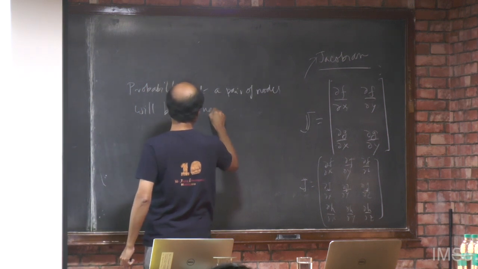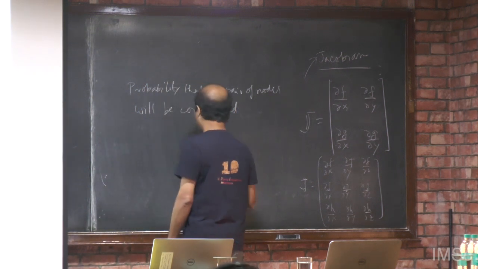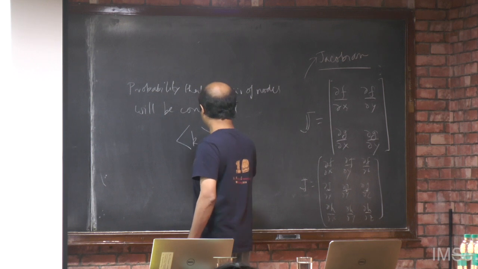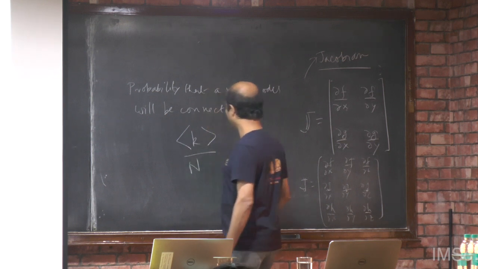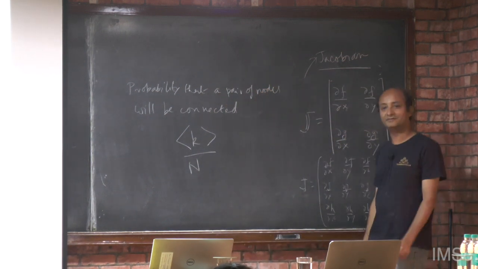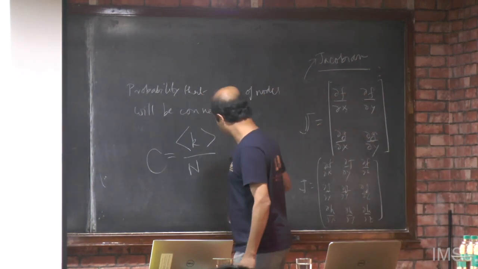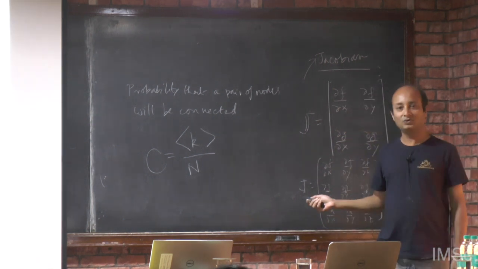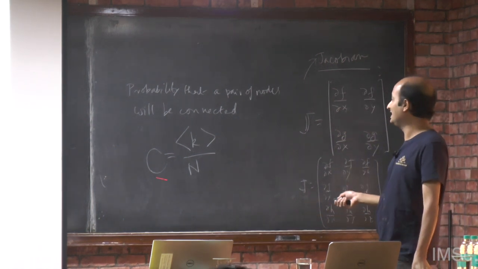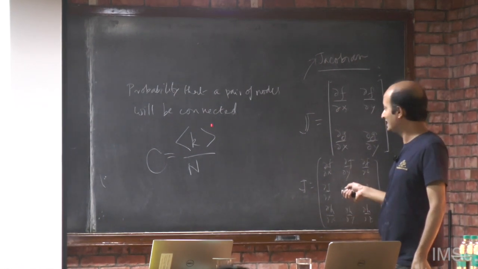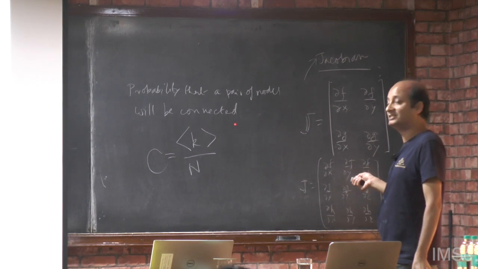Okay. So for a random network, as we had seen, this is nothing but your average degree divided by n. So if you know what network you're starting with, your C is nothing but average degree by n. This tells you the probability that a pair of nodes is connected.